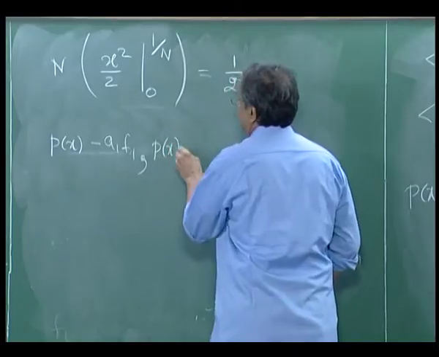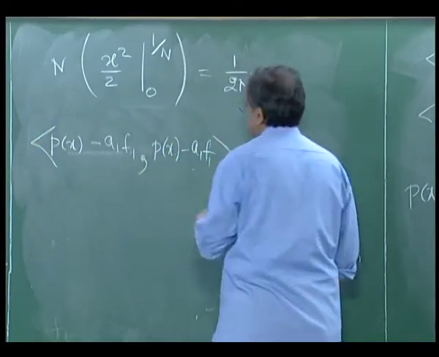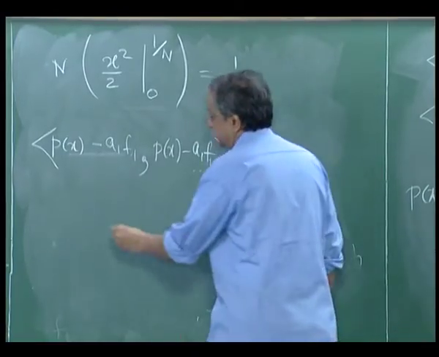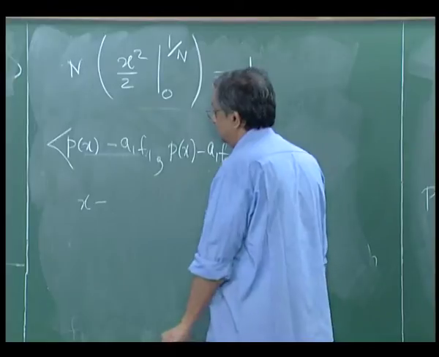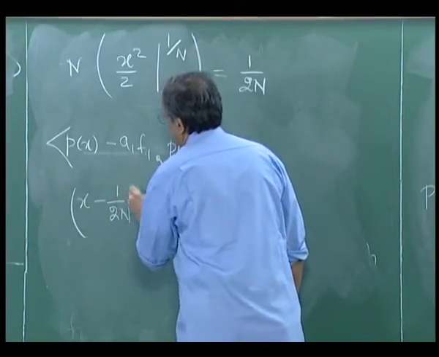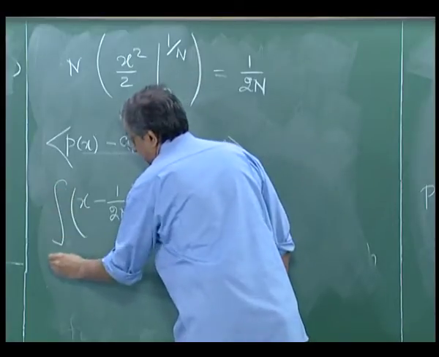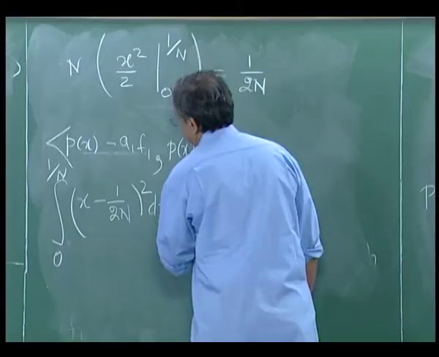P of x minus A1 F1 gives me x minus 1 by 2n, squared, the integral between 0 through 1 over n. Is that fine?